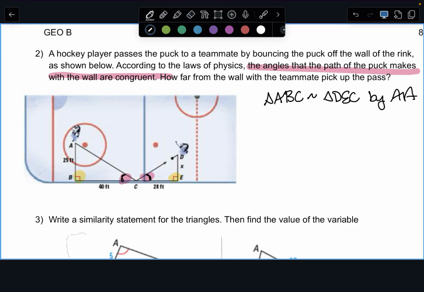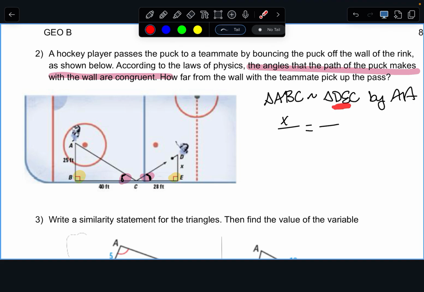And now we can do stuff that we did on Wednesday, where we matched up our sides and we set up a proportion. So we set up a fraction equal to a fraction. We found where our variable was. Our variable's right here. It's x. So let's put x in there. And x is on the side DE.